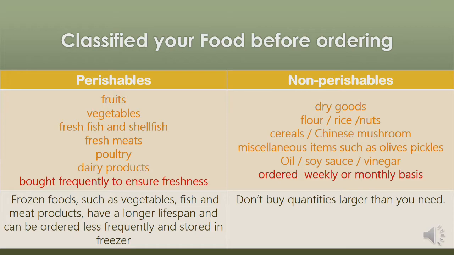Perishables means the food goes bad quickly, so you need to buy them frequently to ensure their freshness, such as fruit, vegetables, fresh fish, shellfish, fresh meat, poultry, and also dairy products such as milk, yogurts, and cheese.